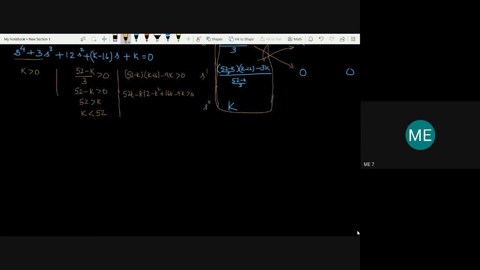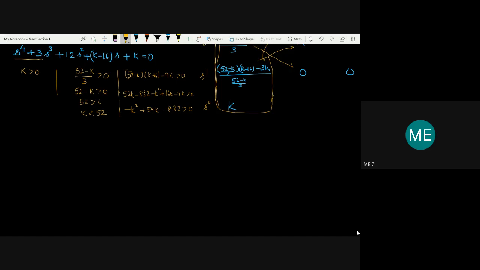So if I simplify this, I'll be getting minus k square plus 59k minus 832 is greater than 0.